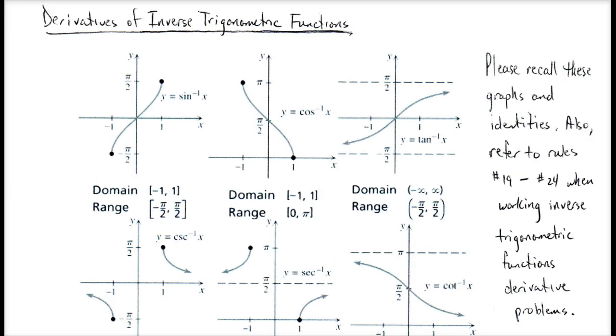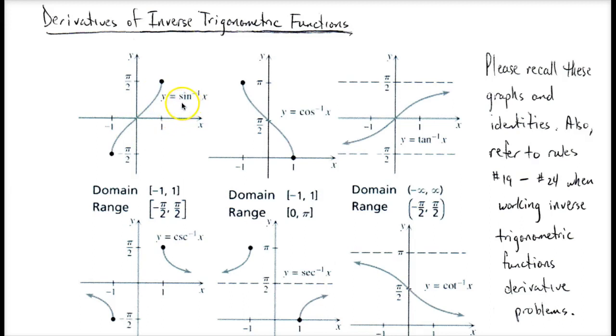So let's take sine inverse for example. If you notice, sine inverse is a function that is always increasing. So whenever you find the derivative of sine inverse for some value of x, in this case between -1 and 1, one of the things that you know is that the derivative of this function is always going to be positive.